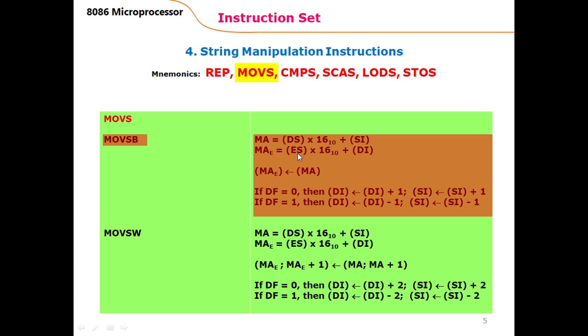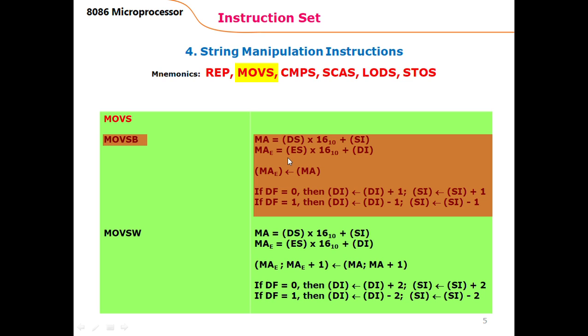It would take the 16-bit value from the extra segment, because the destination is the extra segment, and it is left shifted as before, multiplying by 16 in the decimal, and then the offset address, which is taken from the destination index register, is added, and a 20-bit physical address is calculated. This E subscript denotes the extra segment.